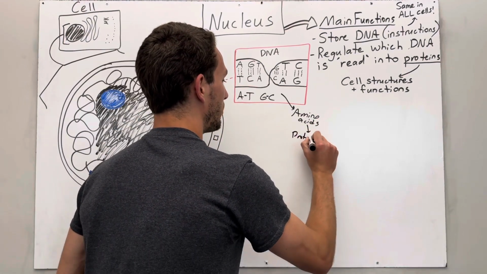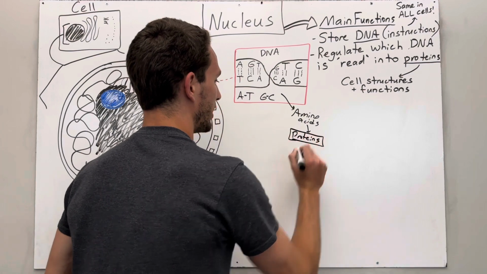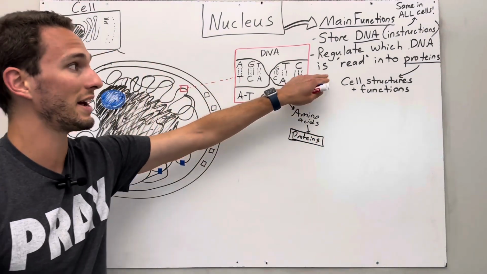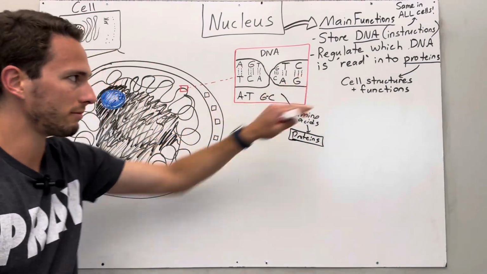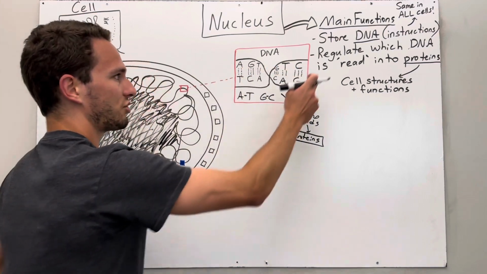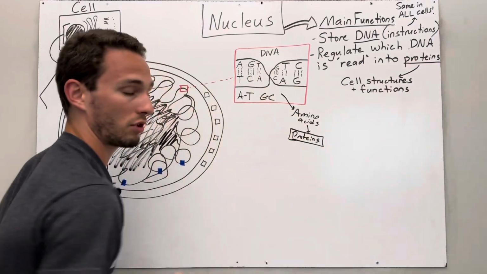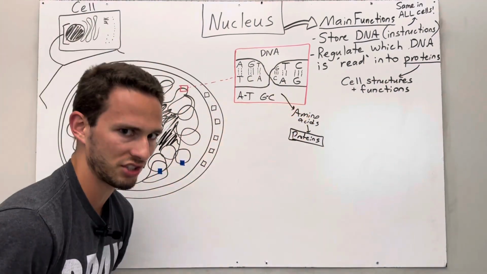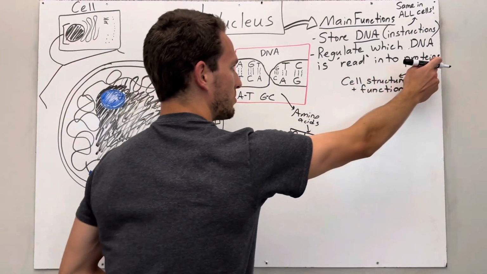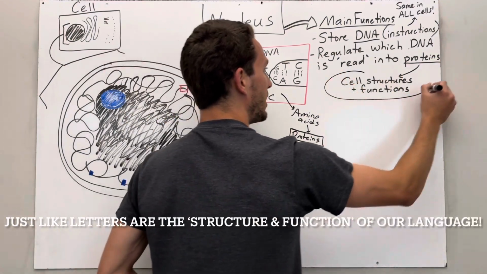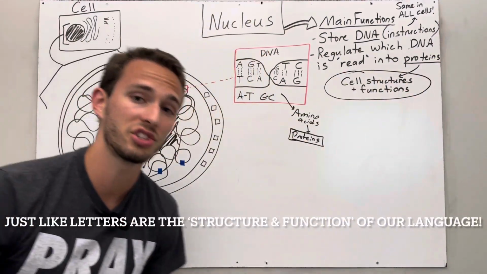So many amino acids chained together are going to be turned into proteins, which gets to my second point about the nucleus. The nucleus has to regulate which DNA is actually read into these proteins via making amino acids, because the proteins themselves are the function and structures of all cells.